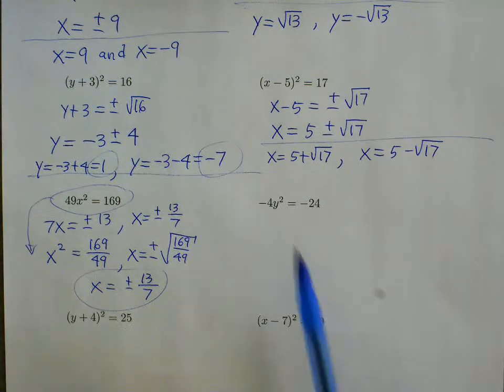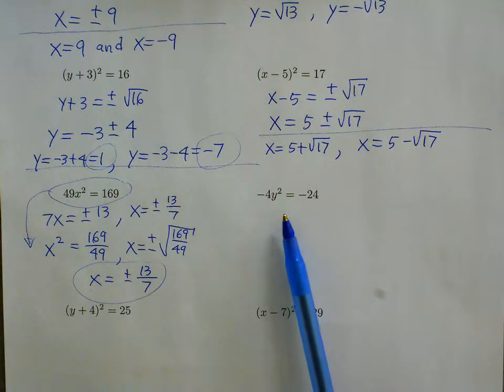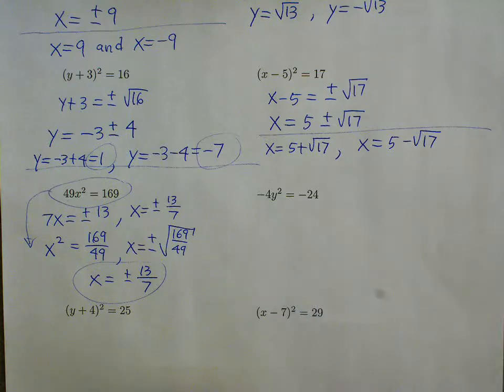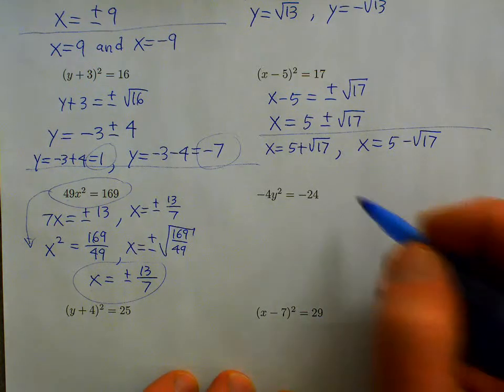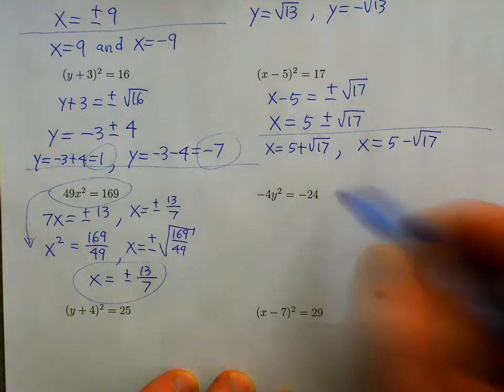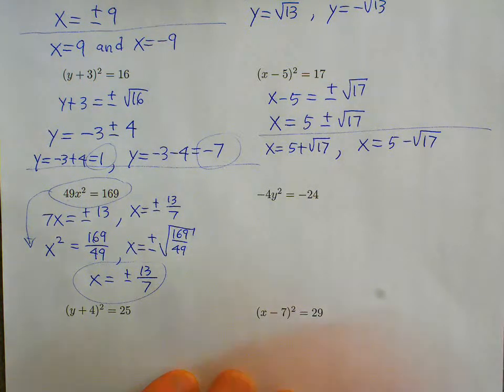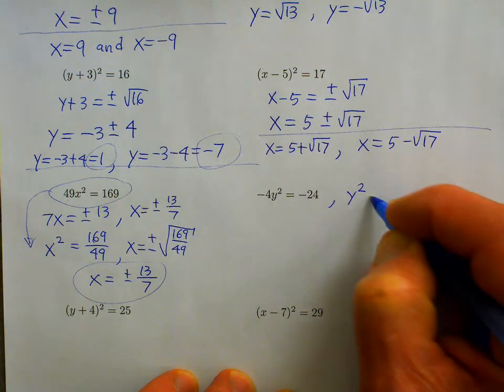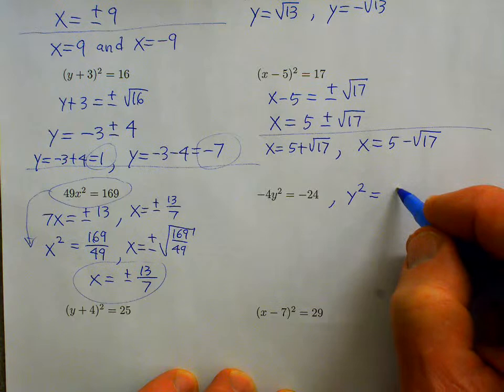Okay, in the next example, we have negative 4y to the second equals negative 24. So this time we should divide both sides by negative 4 to start with. So y squared equals positive 6.